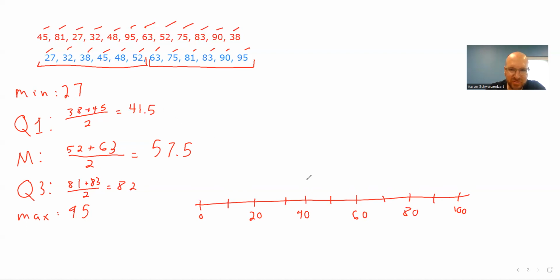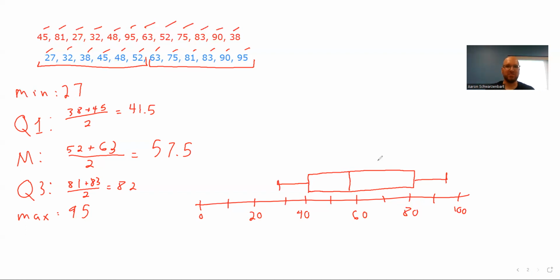My box goes from 41.5, that's just a little greater than 40, to 82, that's just a little greater than 80. 57.5, I put the line for my median. Whisker goes out to 95. That should be halfway between the 90 dash and the 100 dash, and goes down to 27, a little bit below the 30 dash.